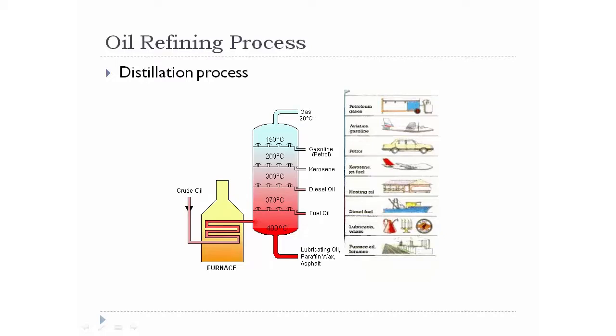So we can extract those. When the temperature is lower, for example at 200 degrees C, kerosene is in its liquid shape, so we can extract that. That's the way we extract hydrocarbons using the distillation process.